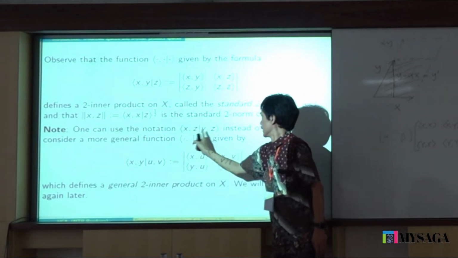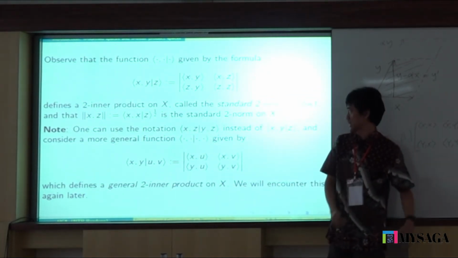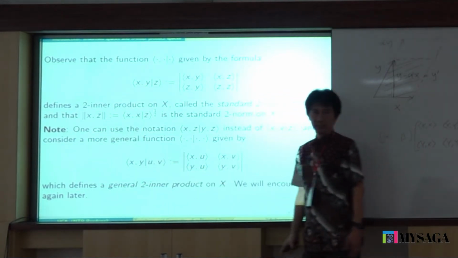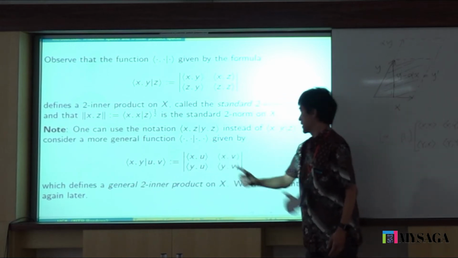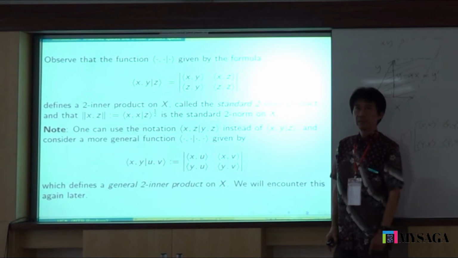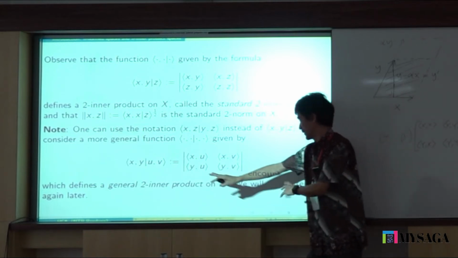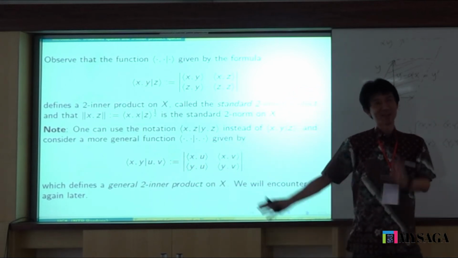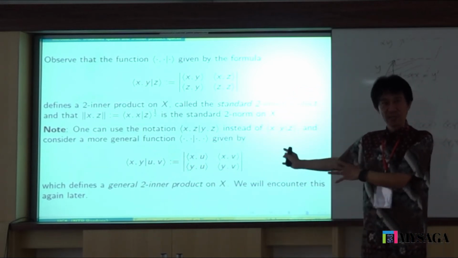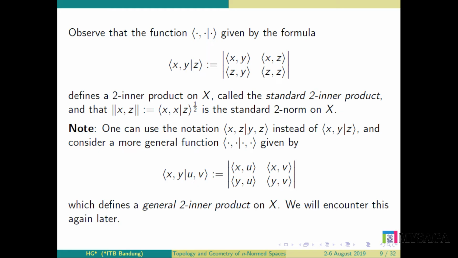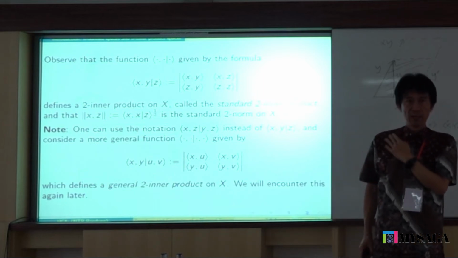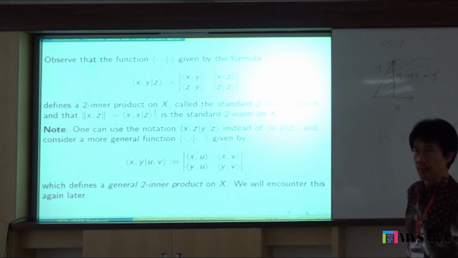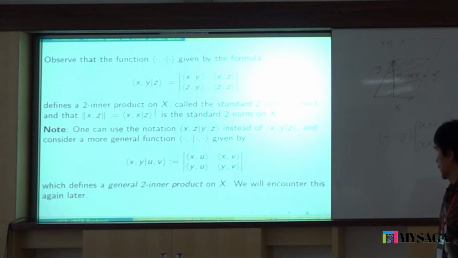So one has actually a function of 4 vectors, and in general one can have all different x, y, u, and v, and one has this determinant. I didn't check the references, but this morning I just put this name quickly, general two inner product. But actually someone has done this in 2000 something. And we will encounter this again later when we talk about angle between two subspaces more generally. Okay?